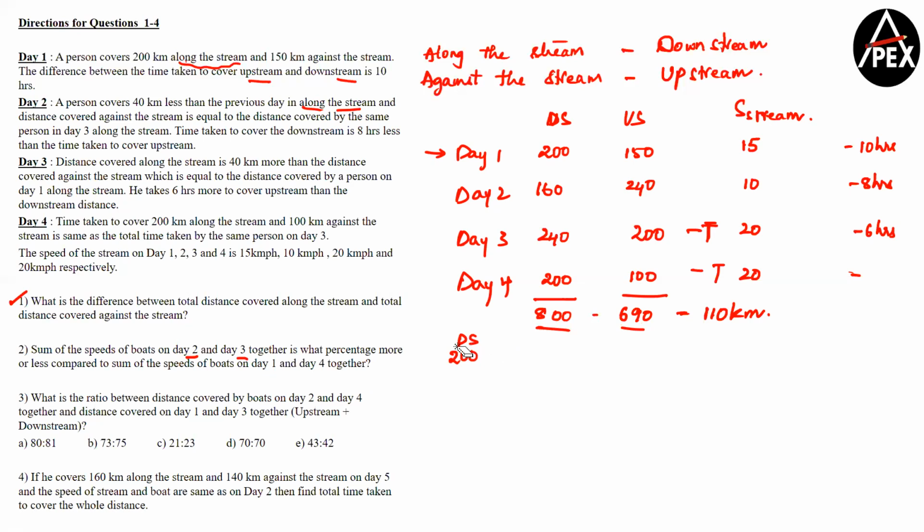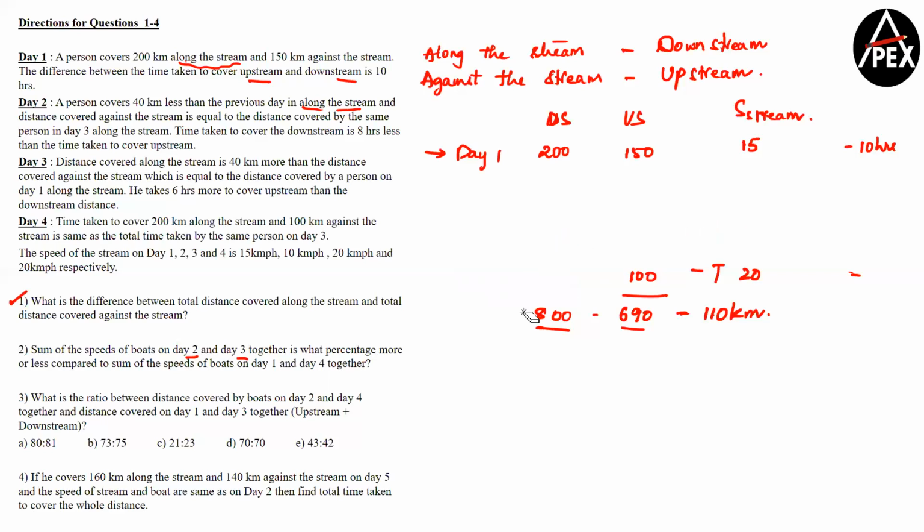Let me erase all this. On day 1, the distance covered downstream is 200 and upstream is 150, and the speed of stream is 15 kilometers per hour.